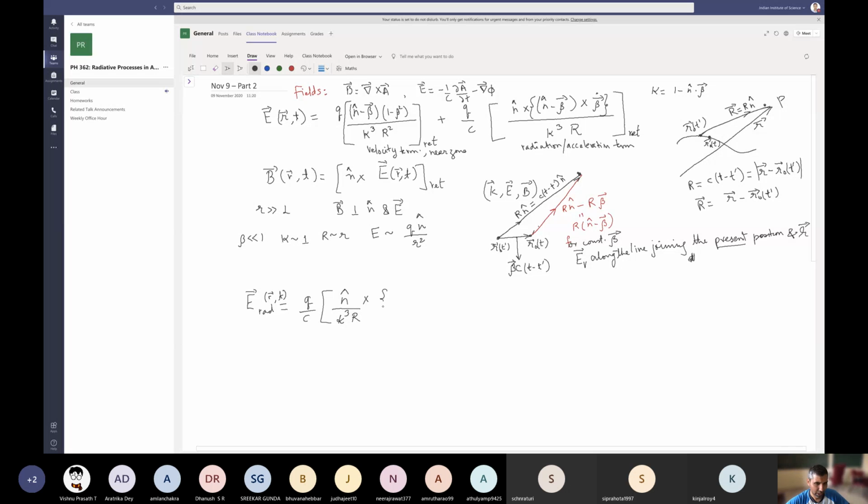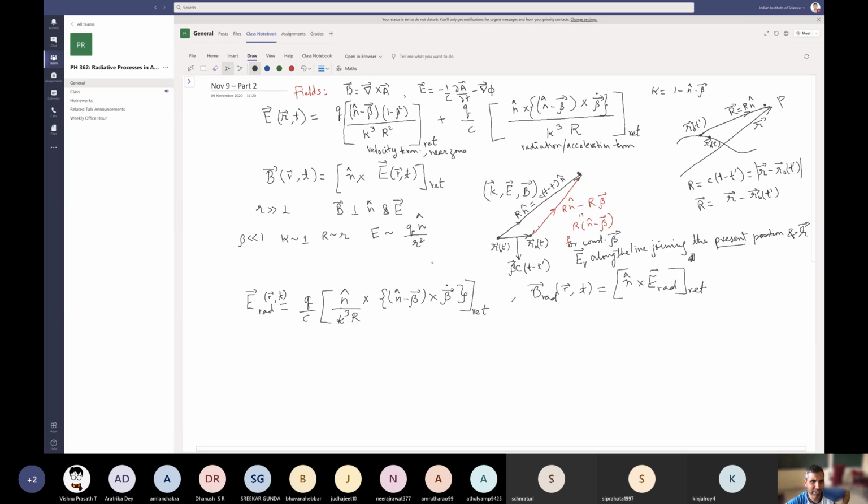N hat cross n hat minus beta cross beta dot. This is the acceleration term. Okay, and again, B, the radiation, is nothing but n hat cross E radiation evaluated at the retarded time.